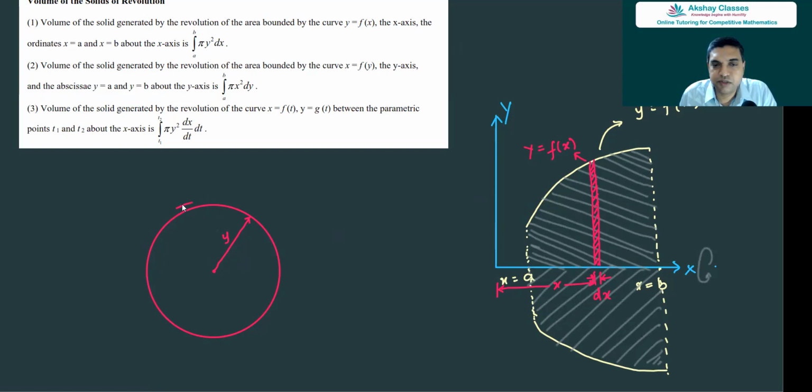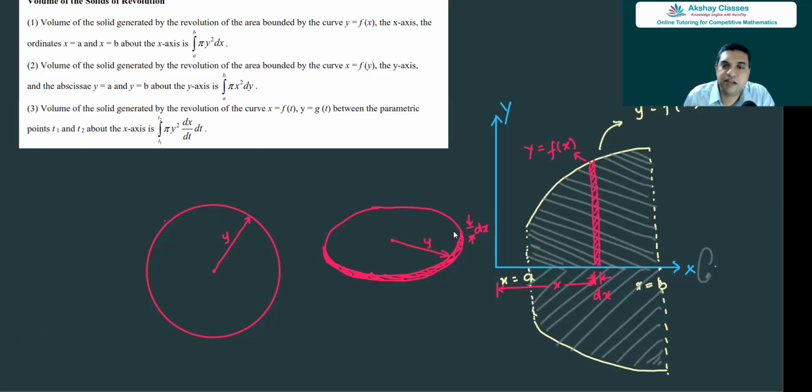In fact, it will have its own thickness, and the thickness is equal to dx. Anyway, it's difficult to draw, it's a flat circular plate kind of a thing. Okay, thickness is dx and radius is y. Okay, you will get like this.